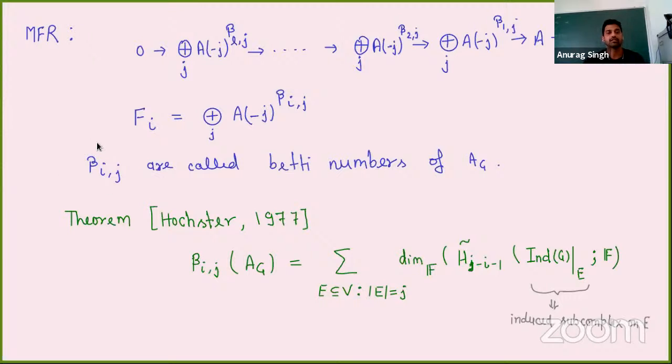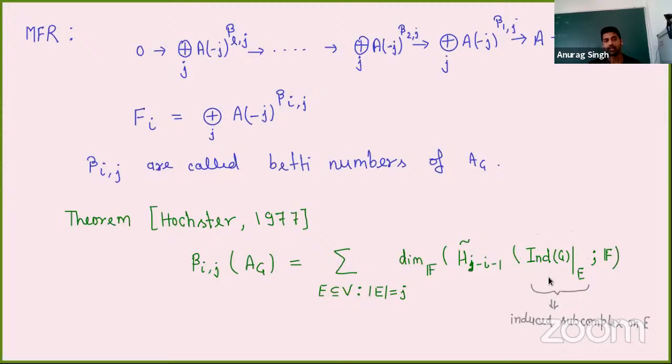The beta_ij are called the Betti numbers of the quotient ring. Now, Hochster in 1977 proved that these Betti numbers of the quotient ring can be computed by the dimension of the homology, or the reduced homology, of some induced subcomplexes of the complex.